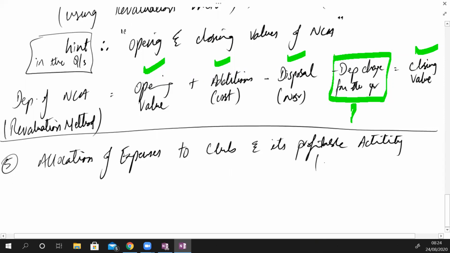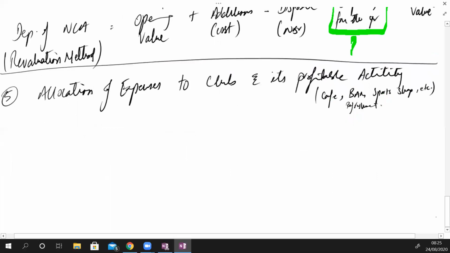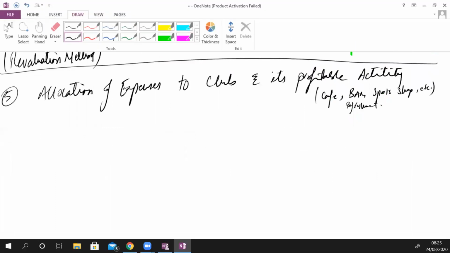It could be cafe, bar, sports shop, etc. Refreshment. Now, what do I mean by this? Allocation of expenses to club and profitable activity.